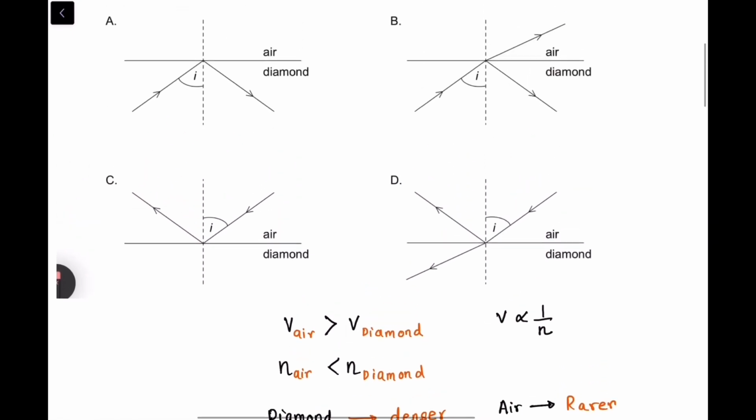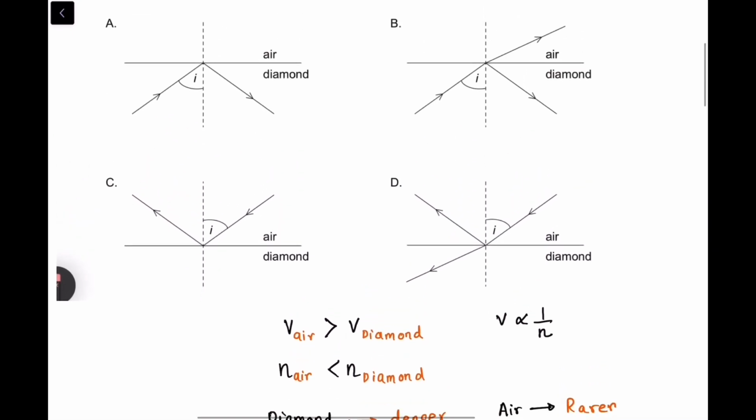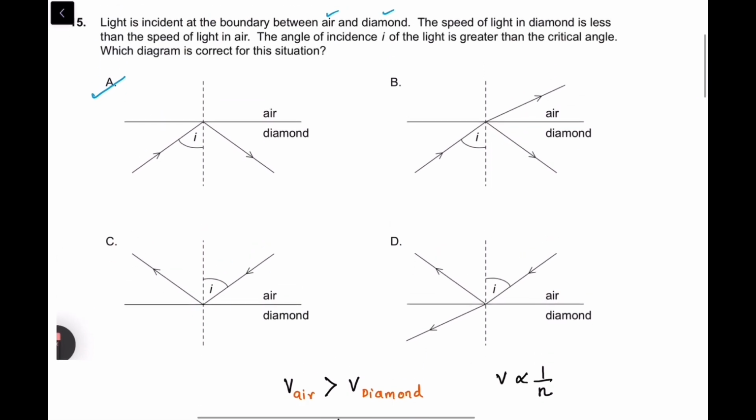Which options match? The light must travel from diamond to air, so either option A or option B. The second condition is that all of the ray must be reflected back, because the angle is greater than the critical angle. So the correct answer is option A, because in option A all of the light is reflected back. This is the answer to question number 15.